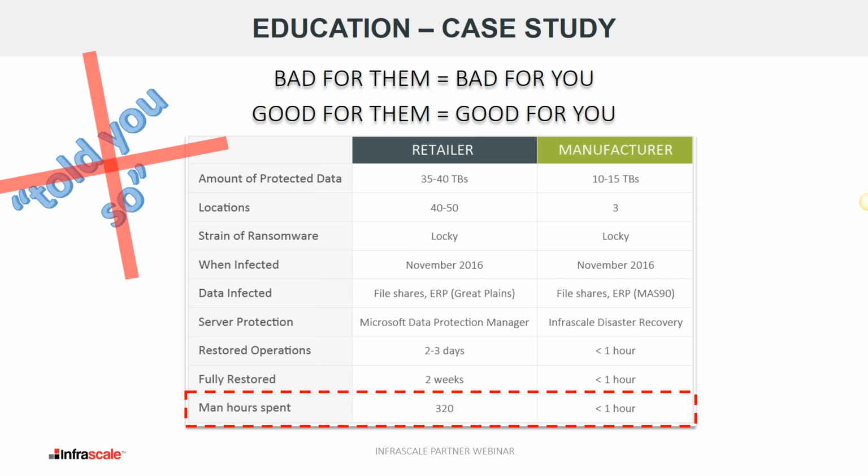So that's a stark difference. And you could use it in 2 ways. You could show, look, this is what happens when we don't have the right tools to do our job. This is what happens when we do.